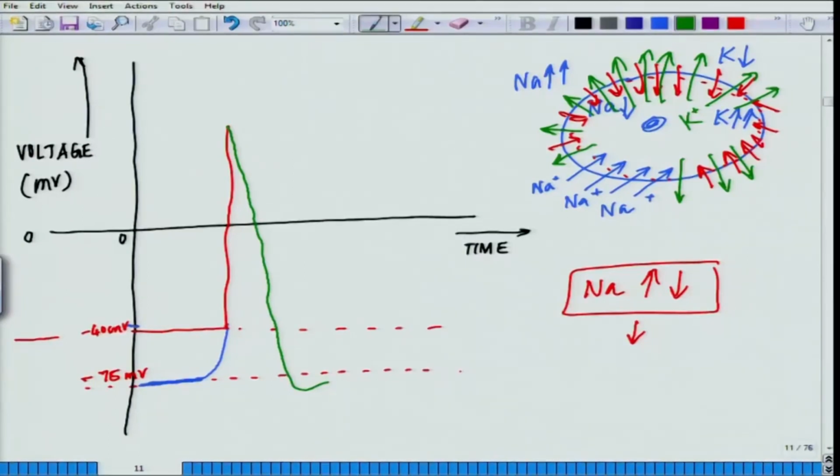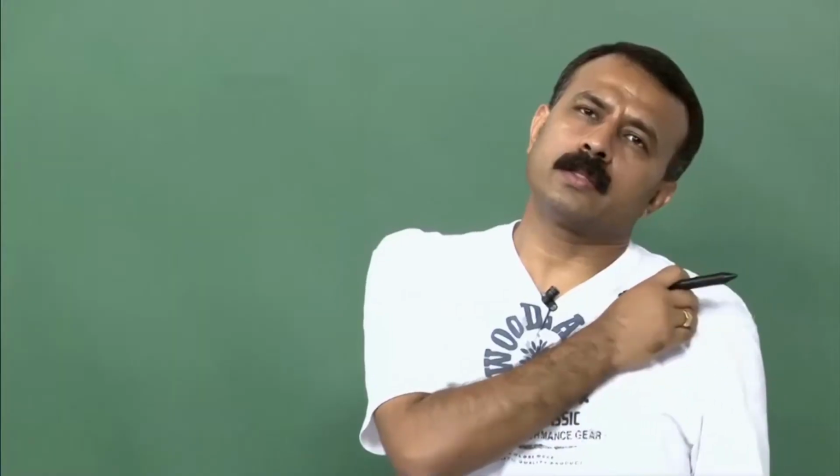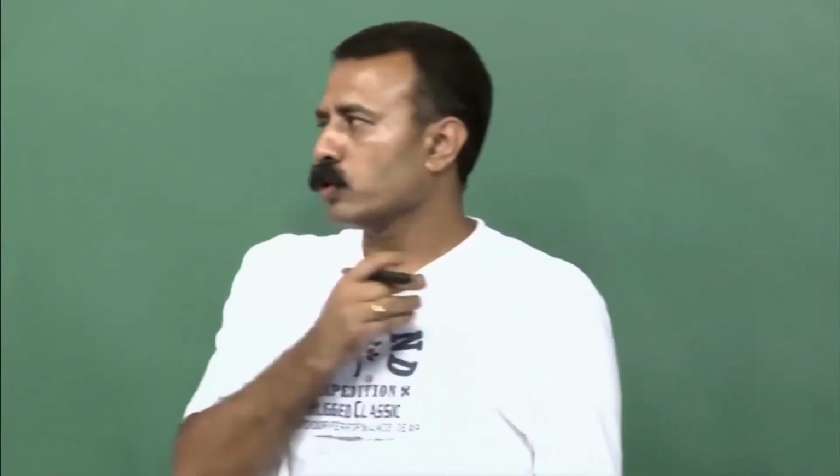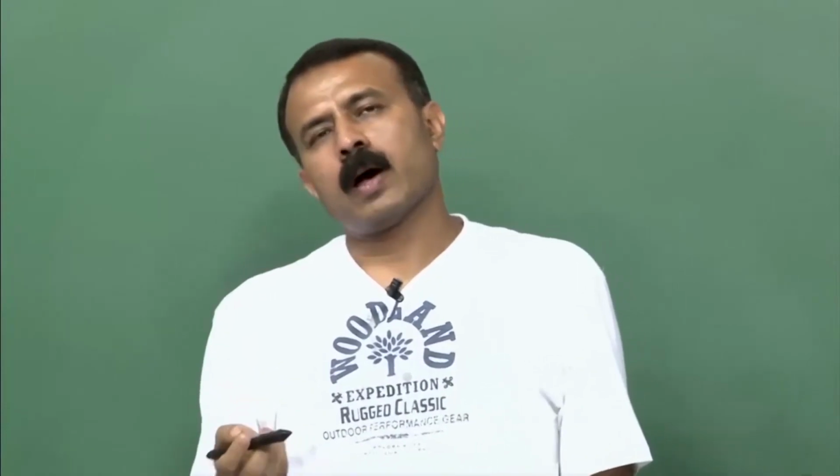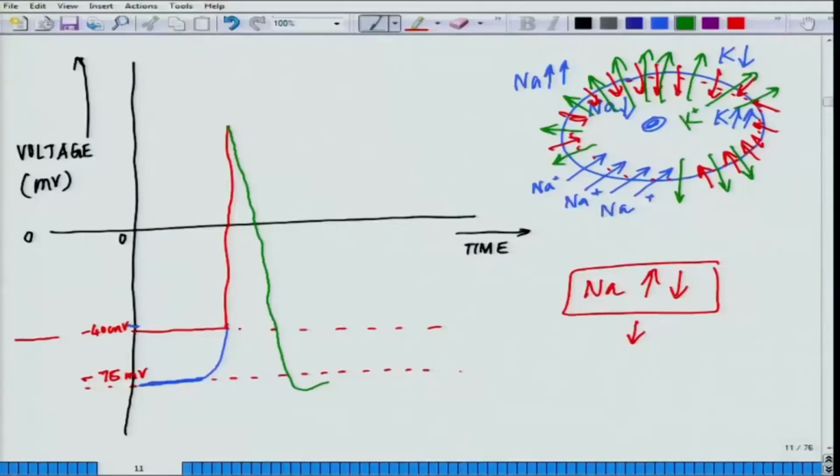But this is a stage when the cell is rich in sodium and lacking in potassium. So, there has to be a way by which you can regain the balance, and then comes the third key player here, the pumps. The sodium potassium ATPase pump, and we have talked about these pumps in our membrane physiology section.